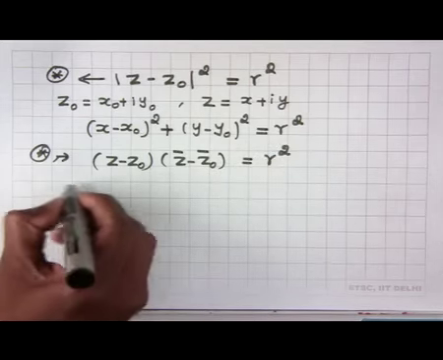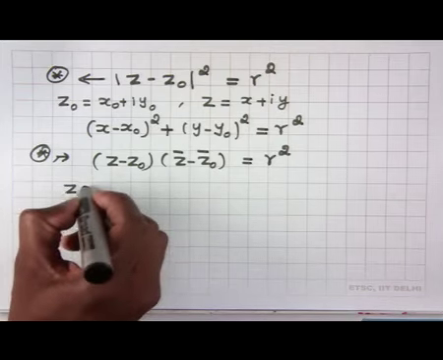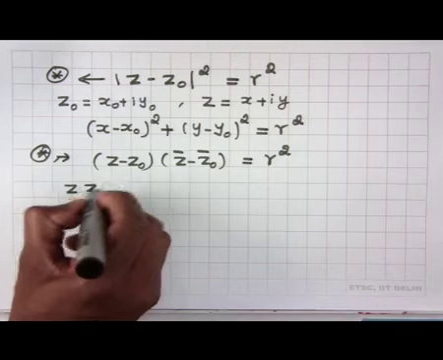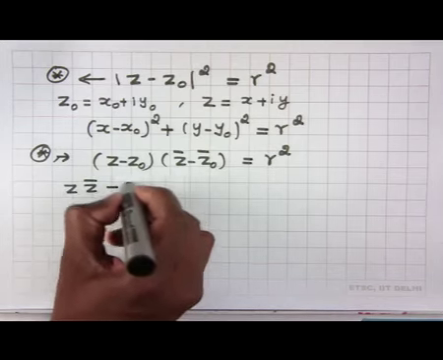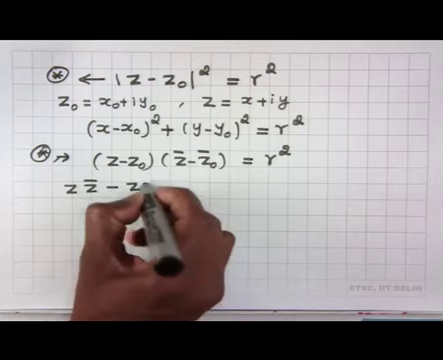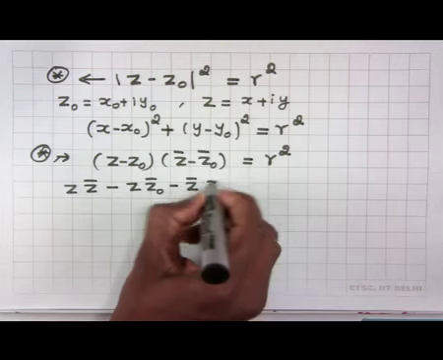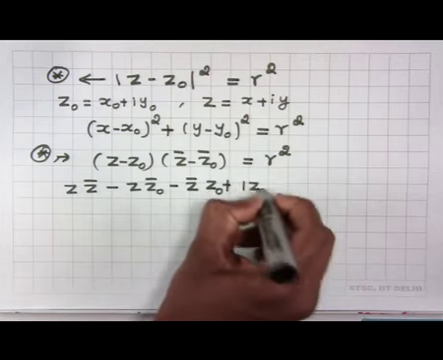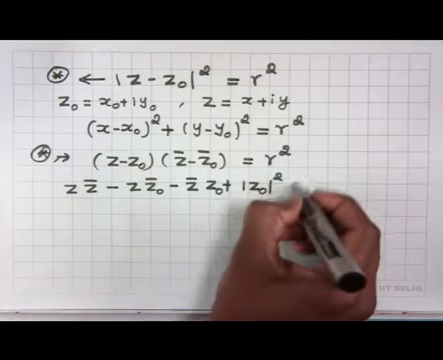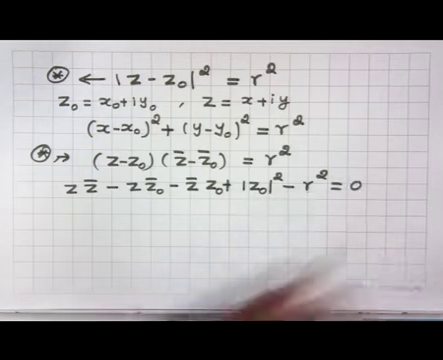What we get is the expression z into z bar, and other terms are z into z naught bar minus z bar z naught plus mod z naught square minus r square equal to 0.